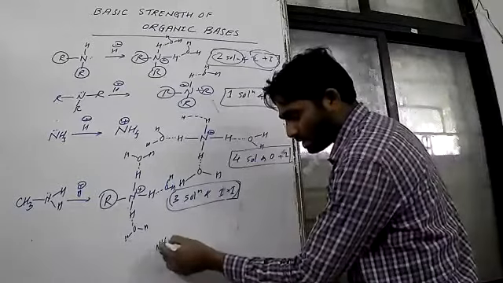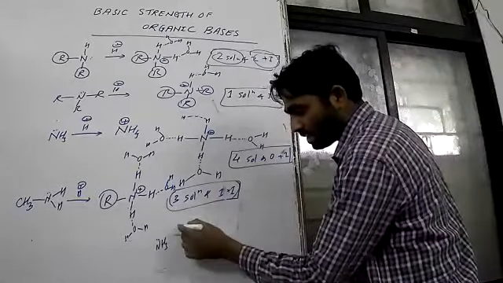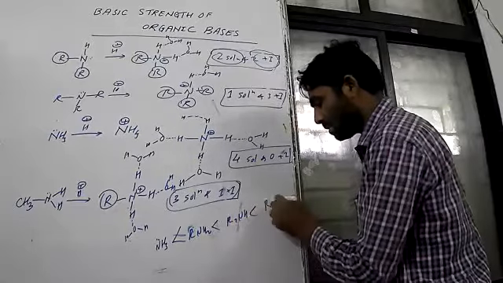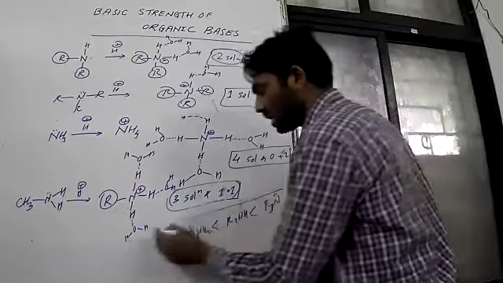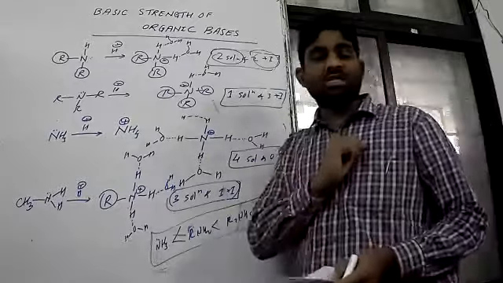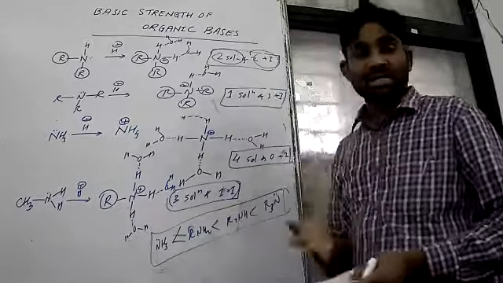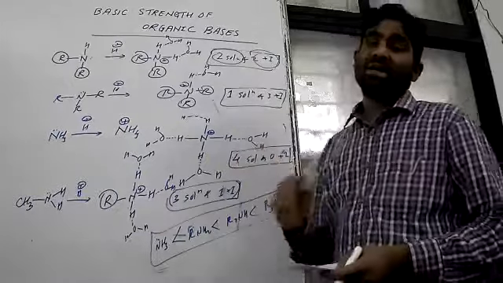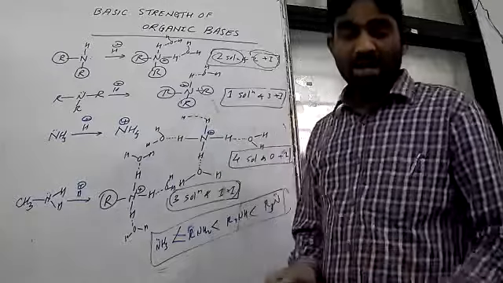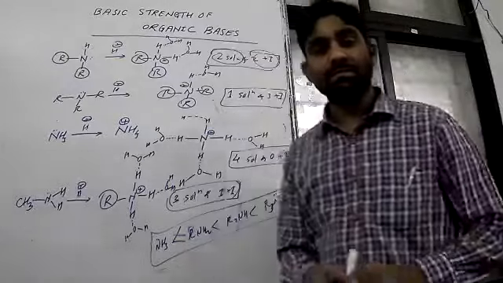Ammonia is the weakest, then primary amine, which is weak, then secondary amine, then tertiary amine. So this is the criteria of basic strength when we are considering the aliphatic amines, in aqueous solvent and in non-aqueous solvents.